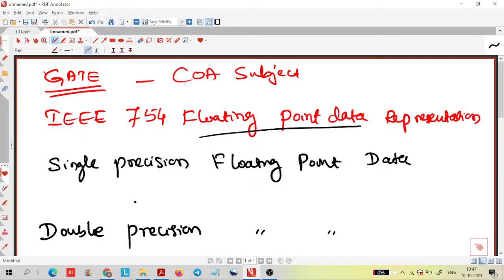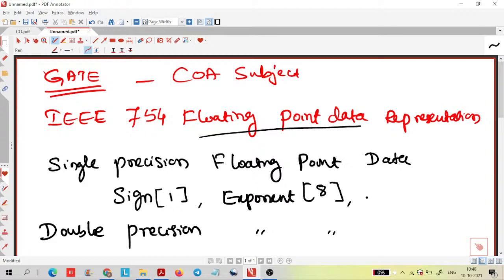In single precision, the sign is 1 bit, the exponent is 8 bits, and the fraction part, that is the mantissa, is 23 bits. So in total it is a 32 bit data representation.